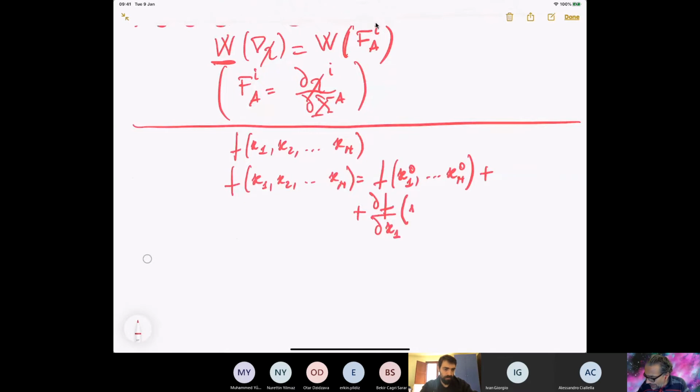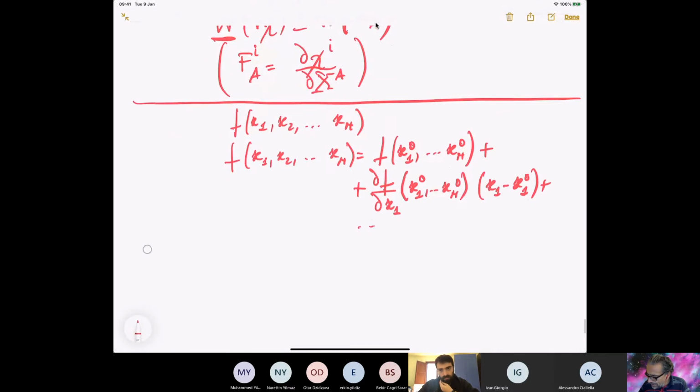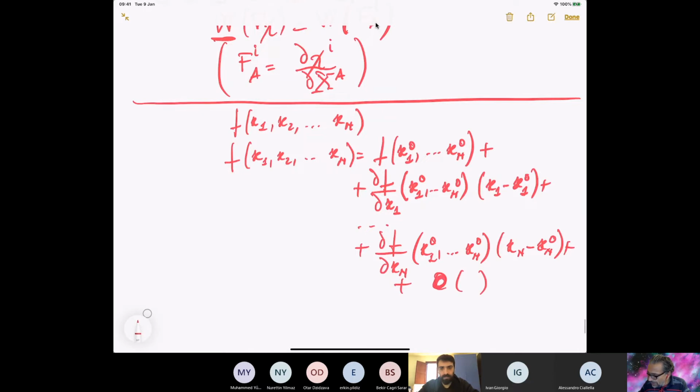You calculate this in x1,0, ..., xn,0 times x1 minus x1,0, plus ..., df over dxn at x1,0, ..., xn,0, times xn minus xn,0, plus infinitesimal of higher order. Okay, you remember this formula, right? It has been shown to you in every second year calculus.